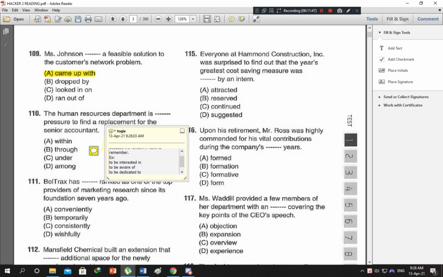These are words you have to remember by yourself, learn by heart. Sometimes it's like at home, you have to say be at home. So in 110, you have to translate the meaning of pressure. The only word that goes with pressure is under pressure. The answer is C, work under pressure. It's a very common term. A lot of people use it.